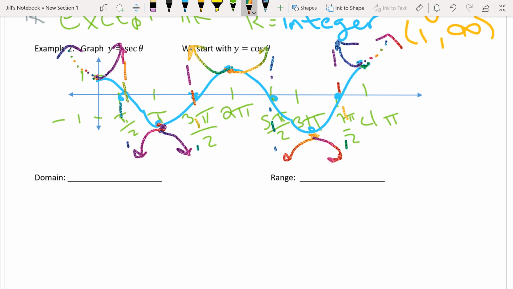Now again, remember, the cosine wave is not part of it. If you wanted to erase your cosine wave, you could go through and erase it. And there's your secant wave. And remember, these half parabolas are really not part of the two periods we're graphing.